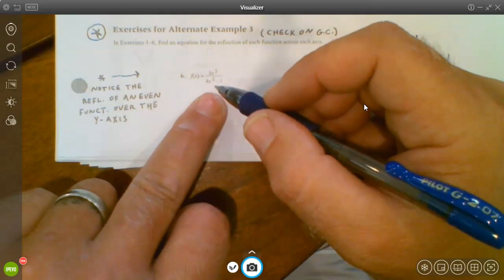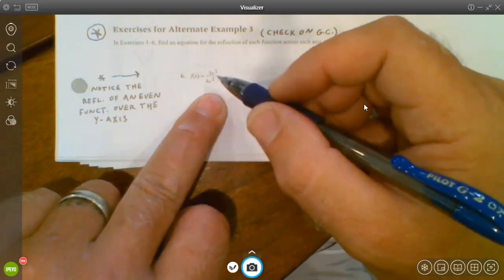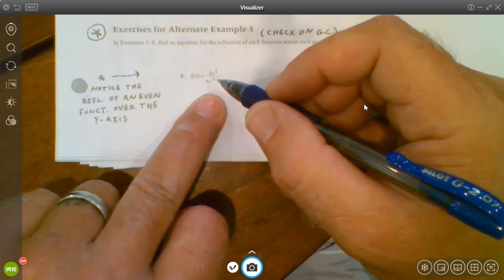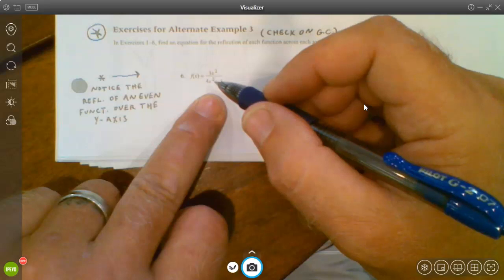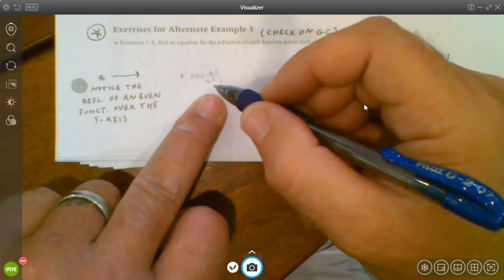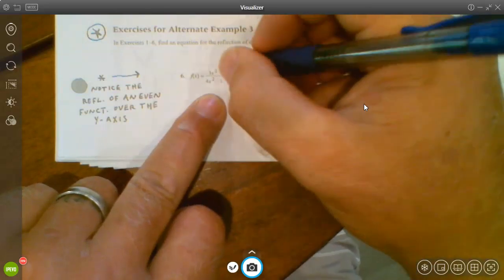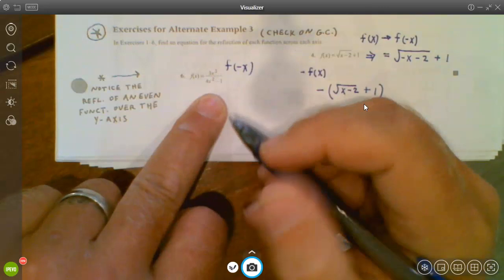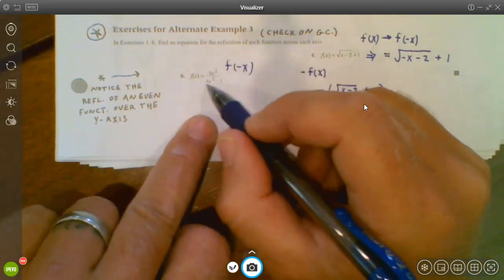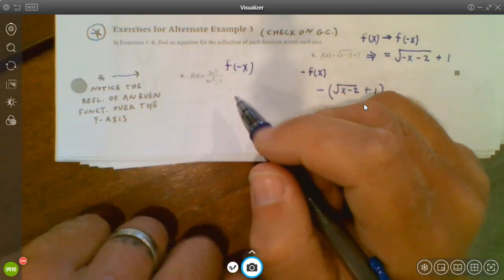So if it's an even function like this one, it's already being reflected across the y-axis if you graphed it, which means if I do a reflection across the y-axis, I'm just going to get back what I started with. So in this case, if you do f of negative x, you're simply going to get back what you started with. So this is already a reflection across the y-axis.